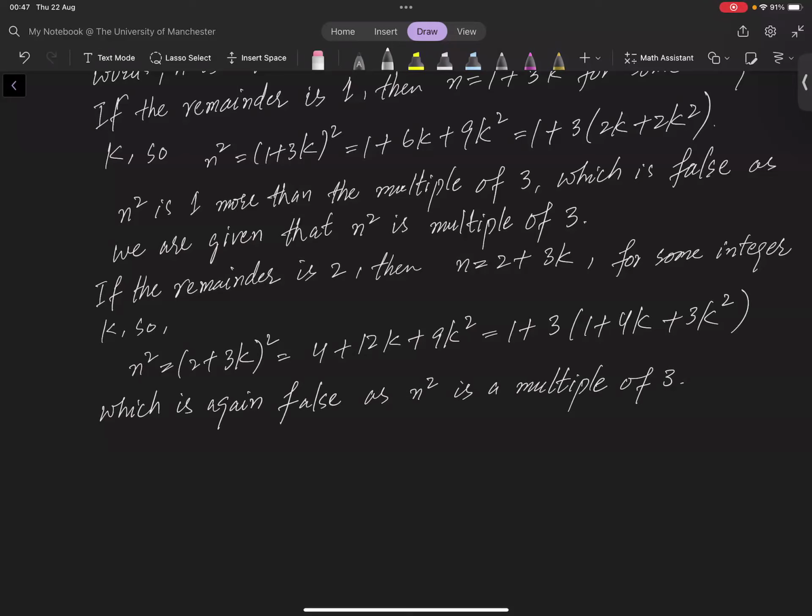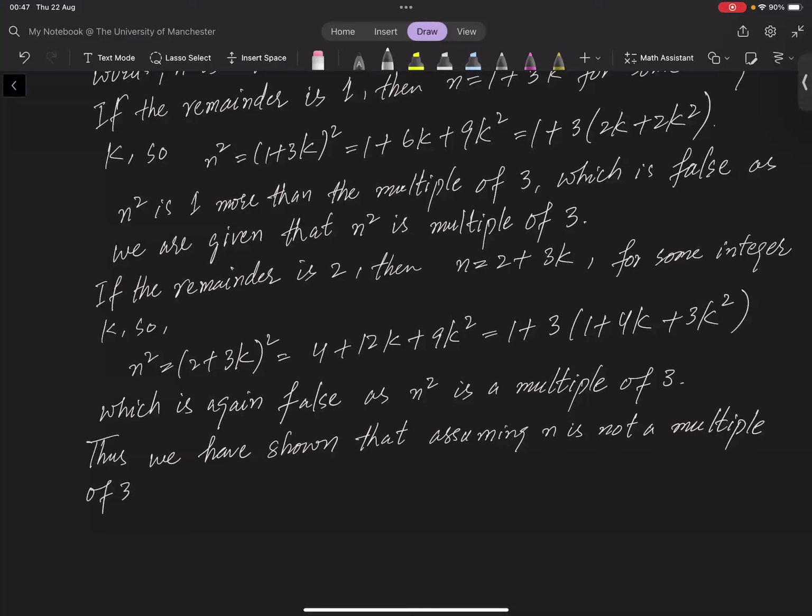Thus we have shown that assuming n is not a multiple of 3 leads to a false statement.